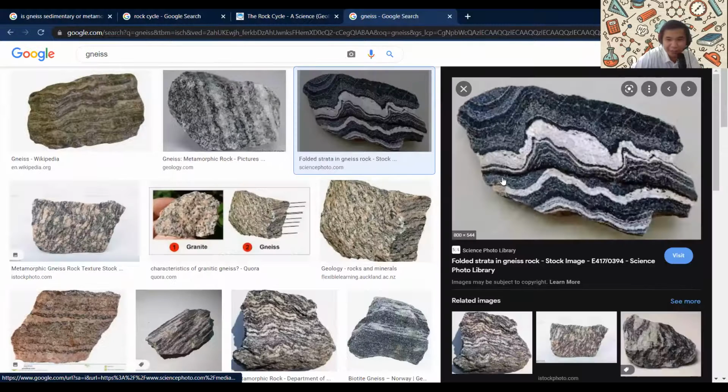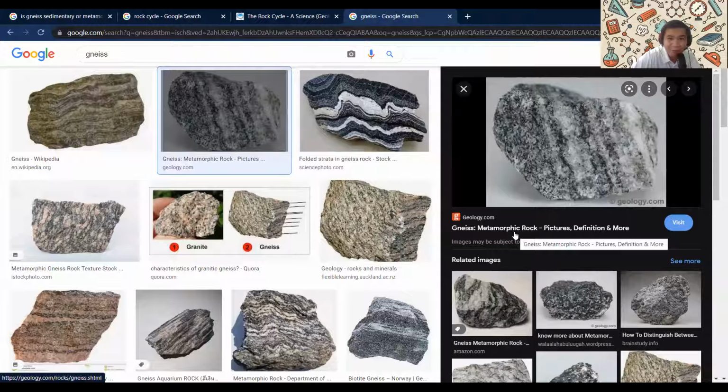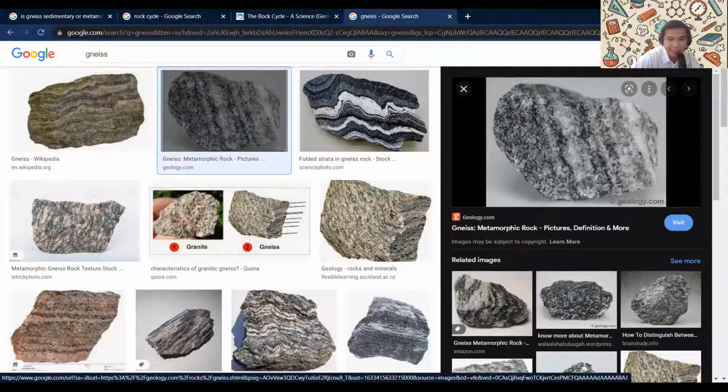They have different colors, but basically they're the same thing. And what is it? It's a metamorphic rock. So the second answer to the gneiss is metamorphic rock.